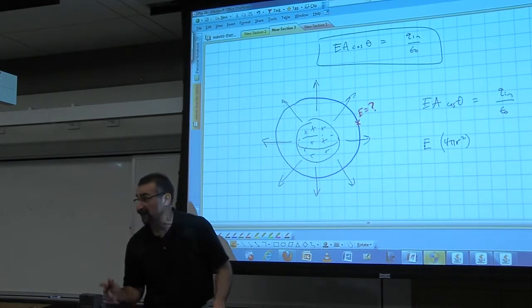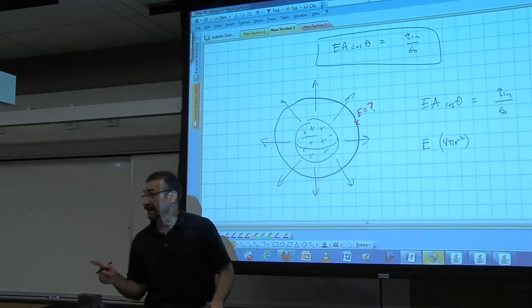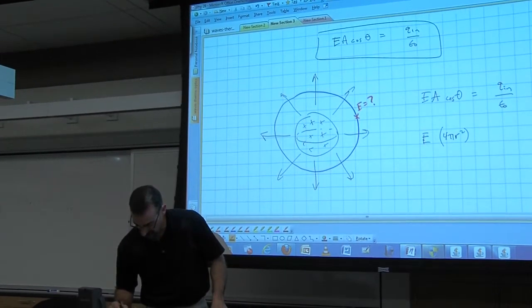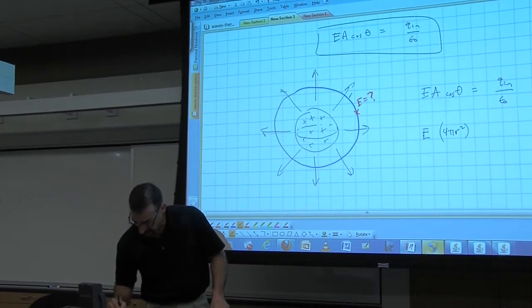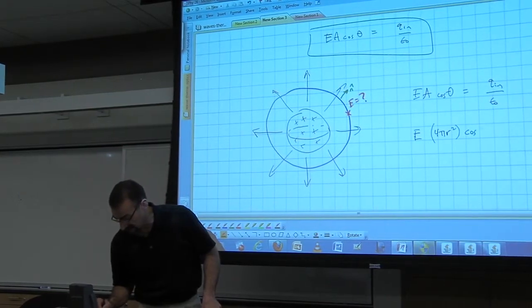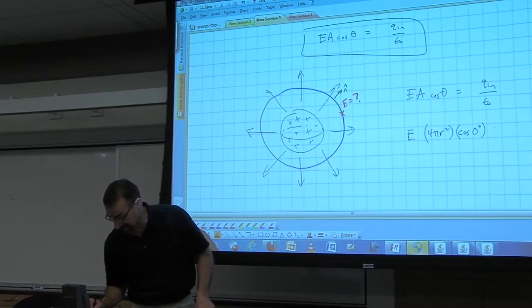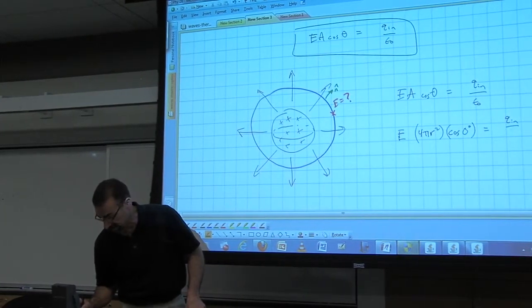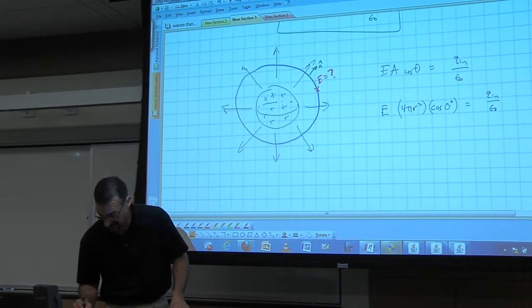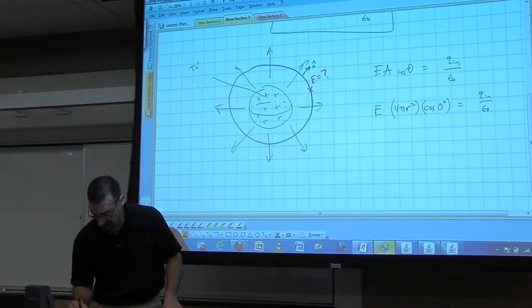It's the angle between the normal to the surface and the electric field. So my electric field is pointing radially outward, and the normal to the surface points radially outward. So the angle is 0 degrees, cosine 0 degrees. And let's pretend we have a total charge, capital Q, inside there.